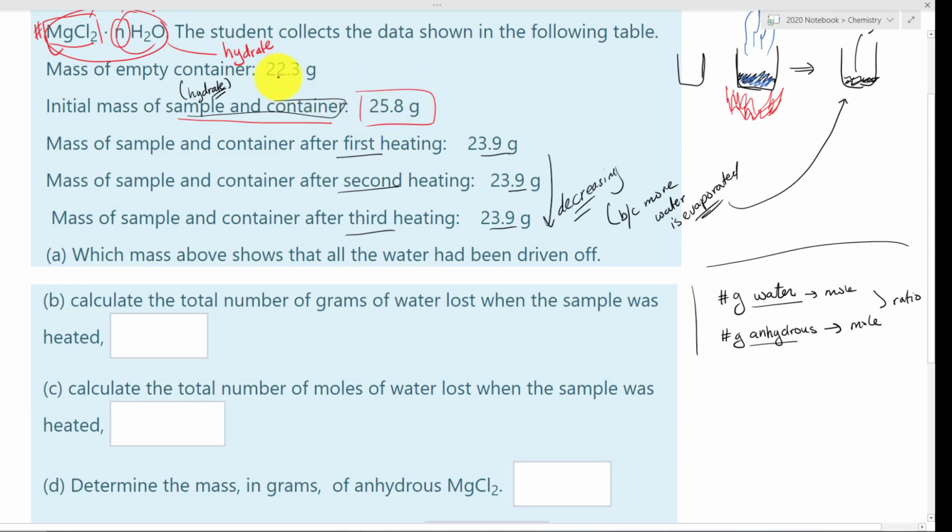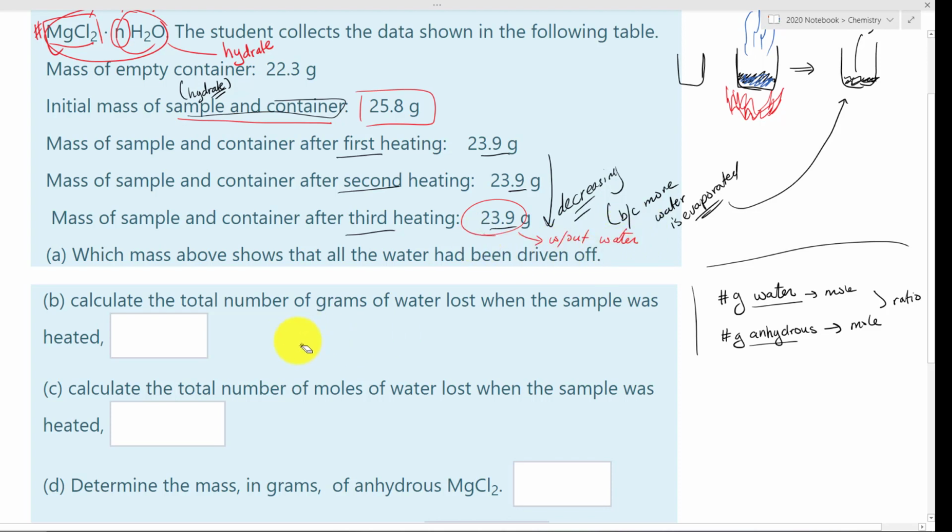We don't care about this because this doesn't have the sample in it. And once we heat this sample, what do we have left, to the point that we have no water left? So this is without water right here. If that's the case, we can figure out how much water is lost.